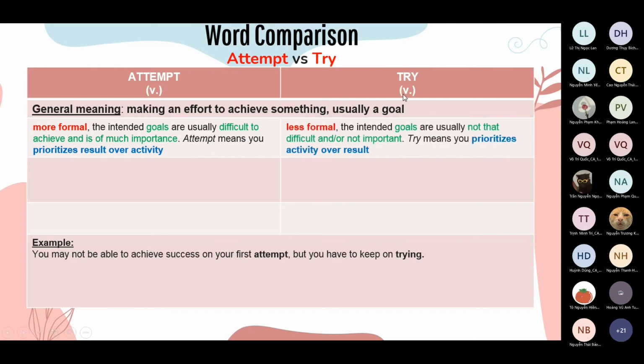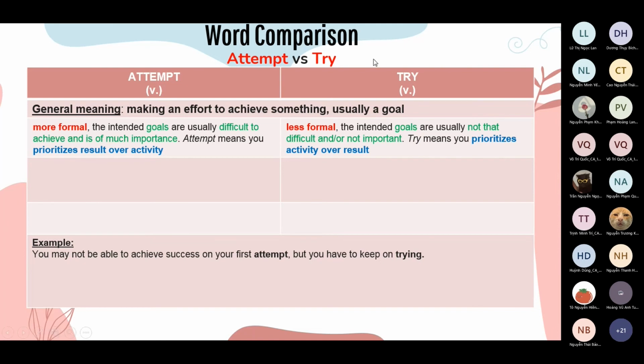While try is less formal, and the intended goals associated with it are not that important or not that difficult. It is something that you do just for fun, or you just want to enjoy it, then you use try.